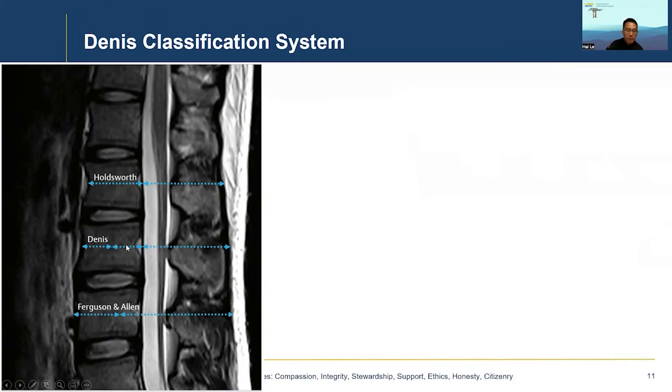The middle column is the rest of the vertebral body and the PLL. And the posterior column is anything from the PLL all the way back to the supraspinous ligament. According to Denis, if you injure any two columns, that accounts for a potentially unstable spine.